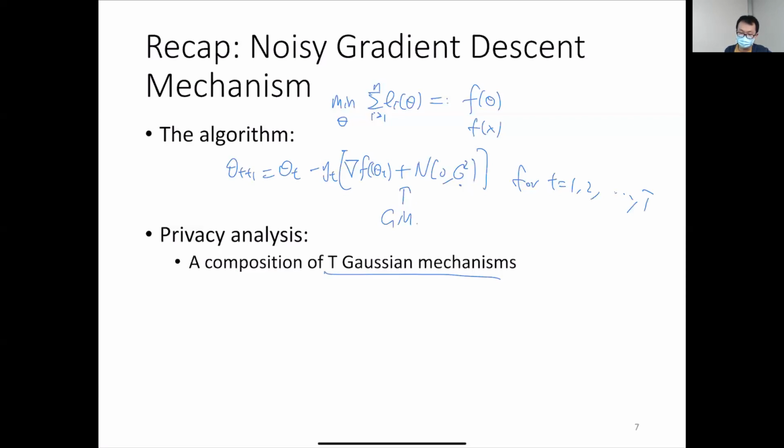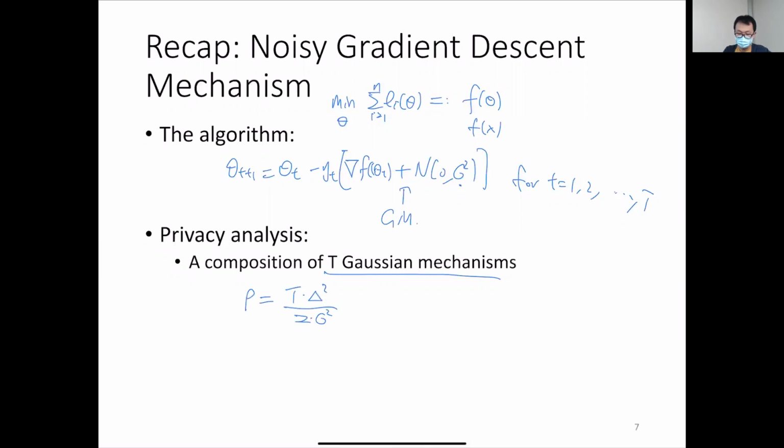The privacy analysis of this, as we mentioned last time, is straightforward. Suppose we want the entire algorithm for T iterations to satisfy rho, then this rho is just equal to T times the square of the L2 sensitivity over 2 times the sigma square parameter.